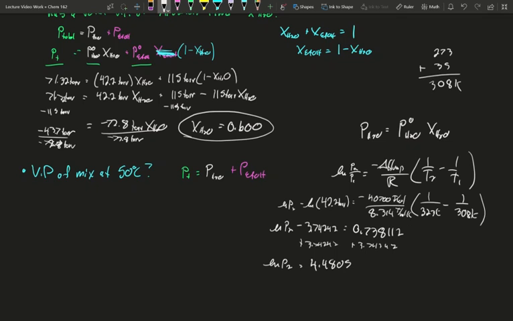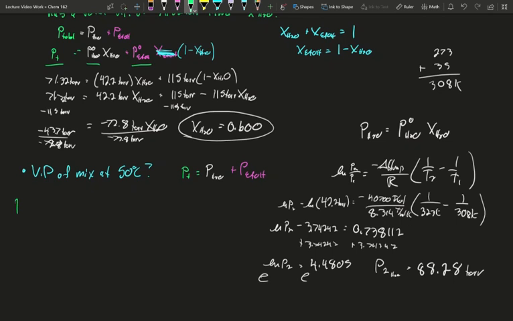Well, yeah. At pressure 1, our natural log for 42 was 3.7. We're expecting our pressure to go up at higher temp, so I need a bigger number for my natural log. That's going to give me a higher pressure when I take e to both sides. Pressure 2 for water should have been 88.28 torr.